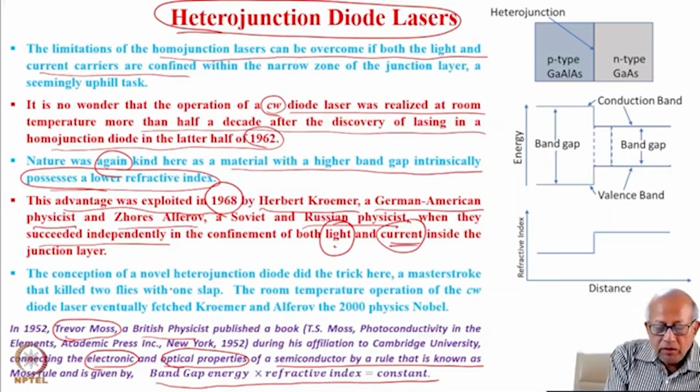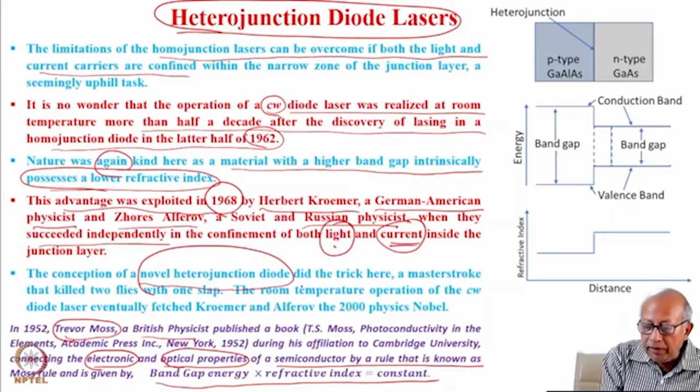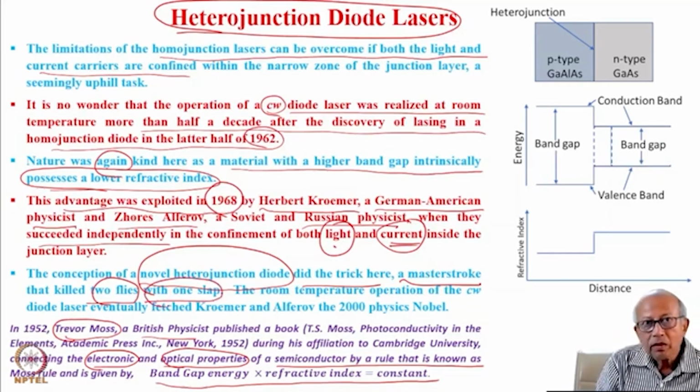The conception of a novel heterojunction diode did the trick here. A masterstroke that killed two flies with one slap. Both the problems, that is confinement of light and confinement of charge carriers, could be solved just by one masterstroke, that is use of heterojunction diode.